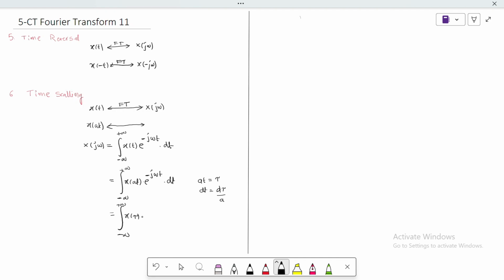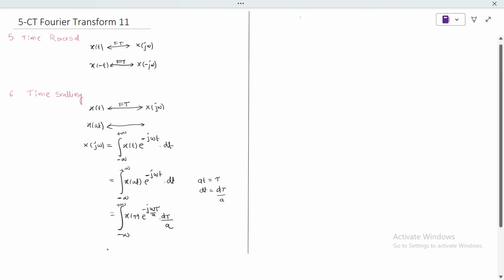So x of tau into e power minus j, with omega by a in place of omega, into d tau.